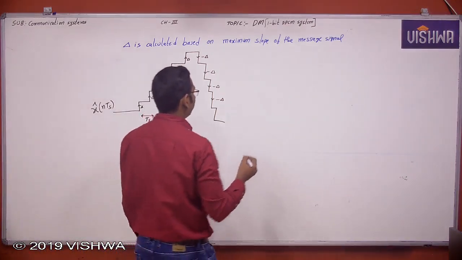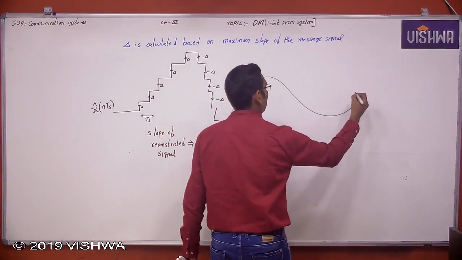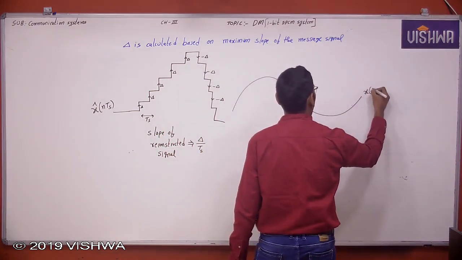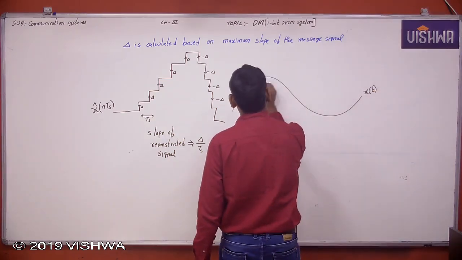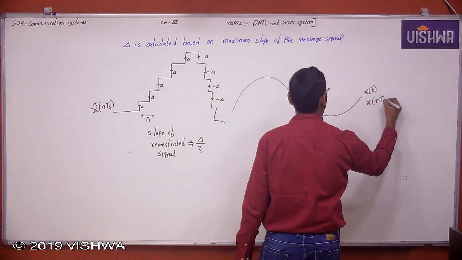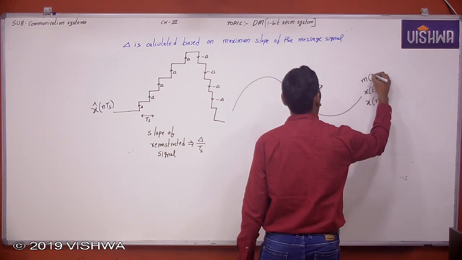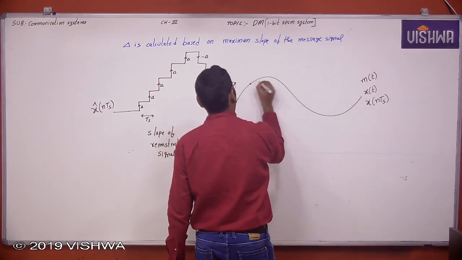Now this is the original message signal, or the analog signal. This is x of t, or these are the samples, coming from x of nTs, the original message signal. We call it m of t. This is m of t, and this is m of nTs.